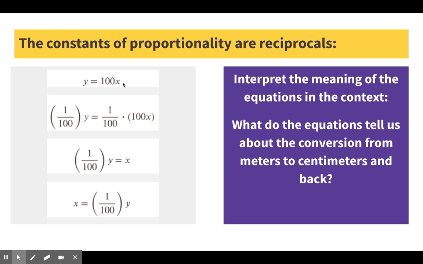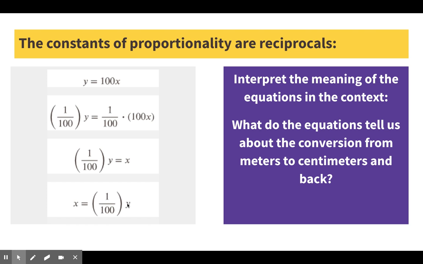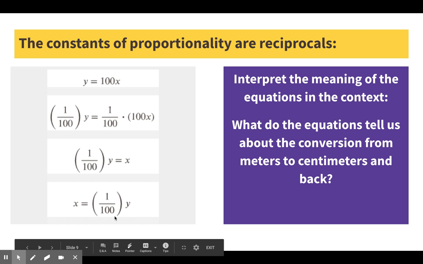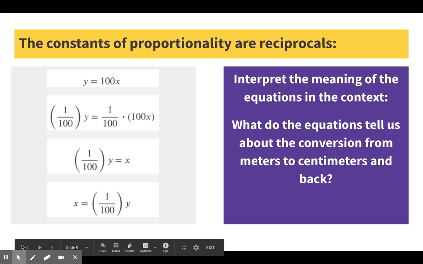So that was representative of the first table that we had on our student companion. The second equation, where it says x equals 1 over 100y, represents if I'm given the length in centimeters and I want to find the length in meters, I'm going to multiply by 1 over 100. Remember, this is where we divided by 100, because dividing by 100 or multiplying by 1 over 100 is the same thing.